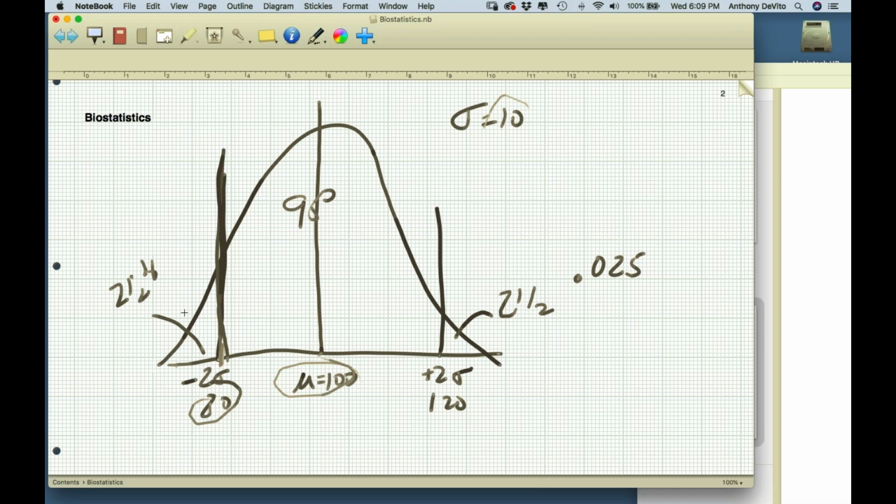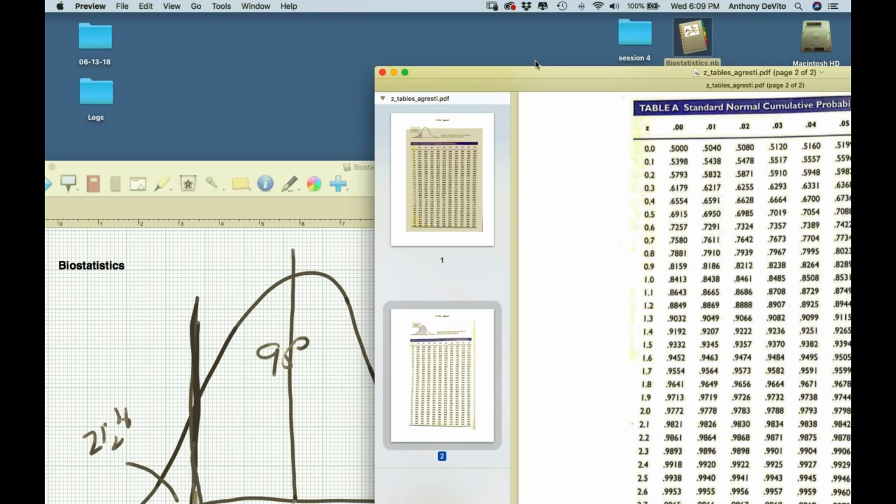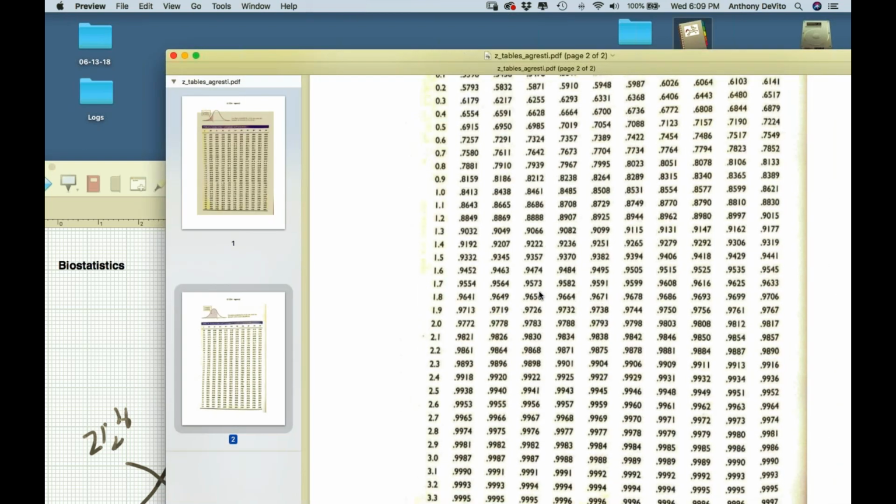Would it be 2.5%? Let's check that. Okay, so I'm going to say z is equal to 80 minus 100, x minus mu. X is the value we're looking at, which is 80, over 10, that's equal to negative 2.